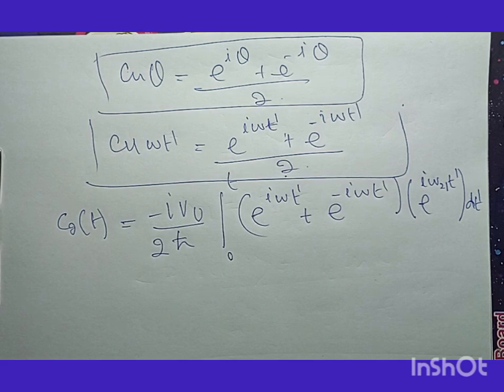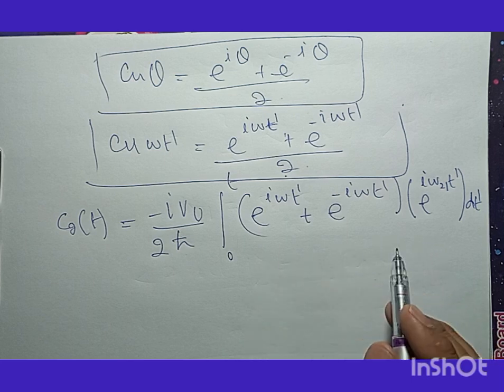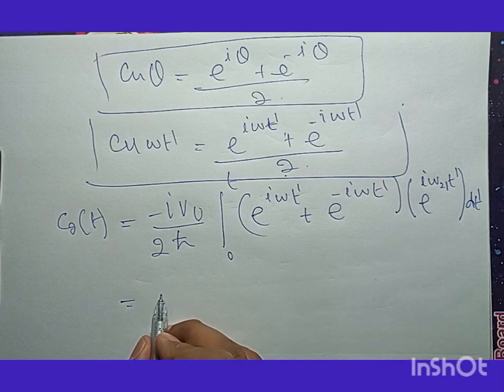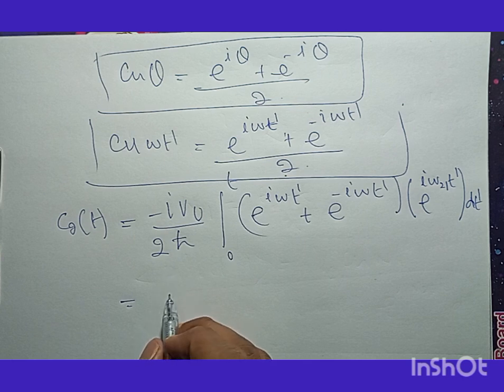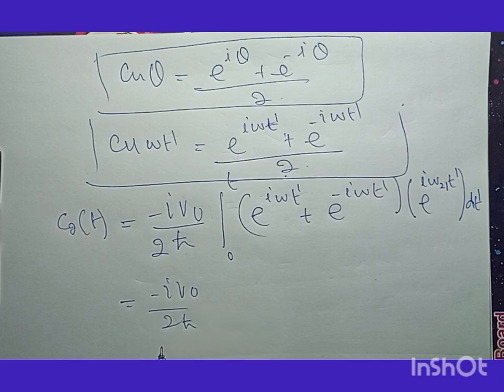So what we can do is multiply, and we will have two independent integrals. I can keep my i V0 by 2 h bar outside.